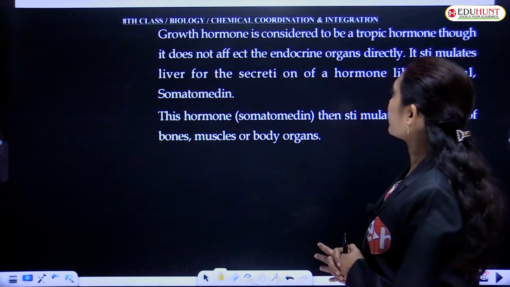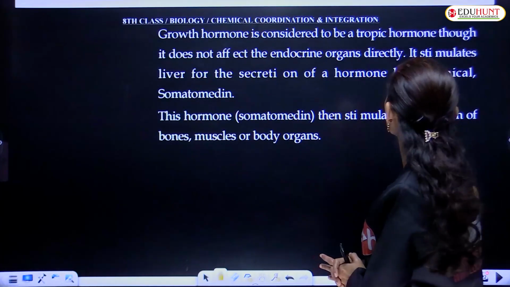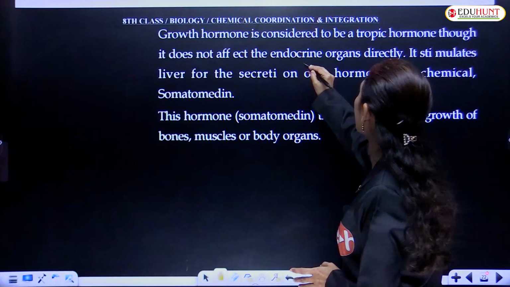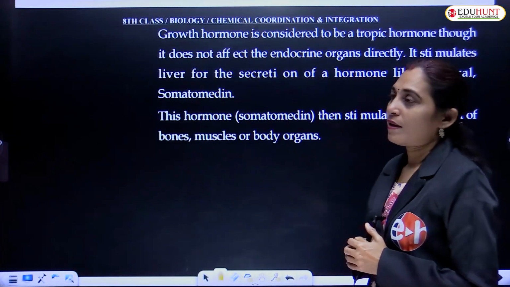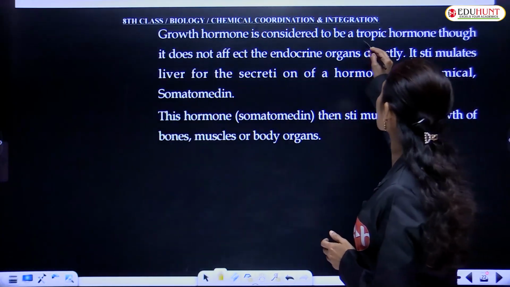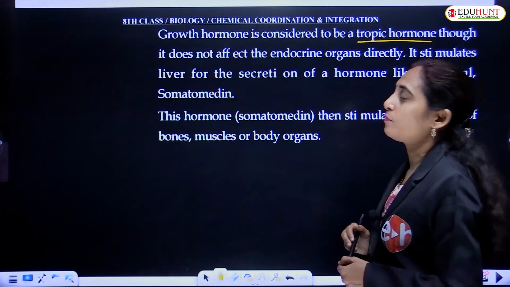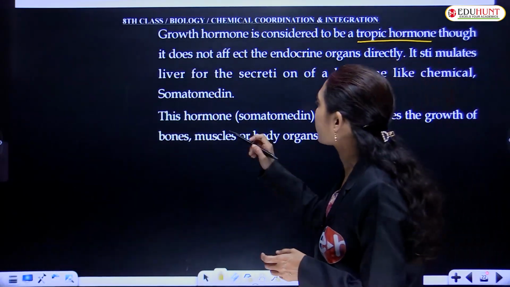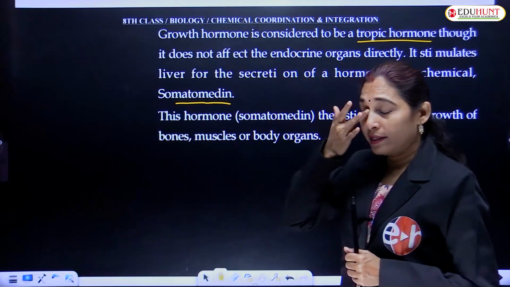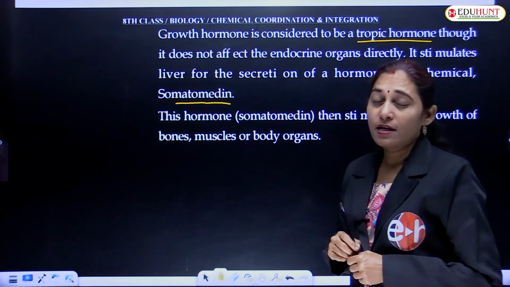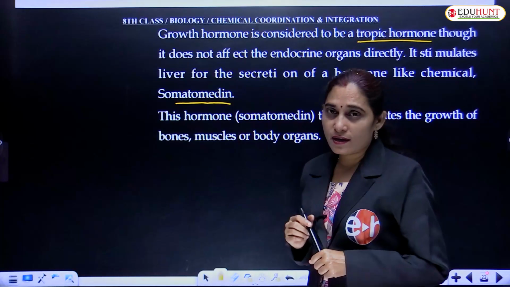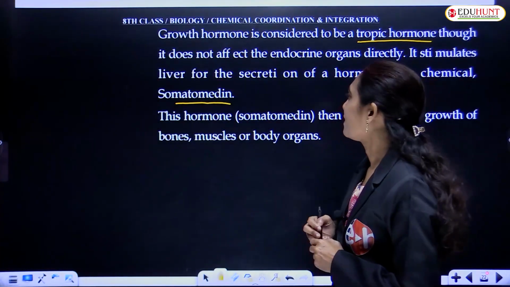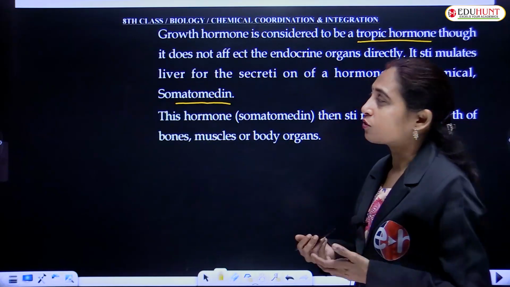And growth hormone is considered to be a tropic hormone, though it does not affect the endocrine glands directly. It stimulates the liver for the secretion of a hormone like somatomedin. Somatomedin, as I just mentioned, is a protein that stimulates cell growth and cell division. In that way, it promotes growth.